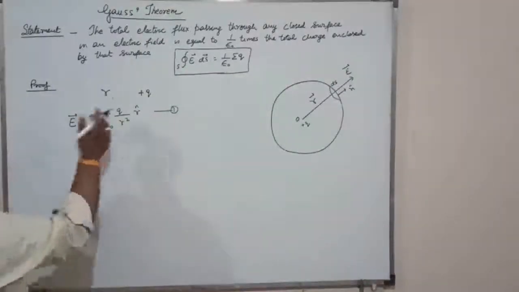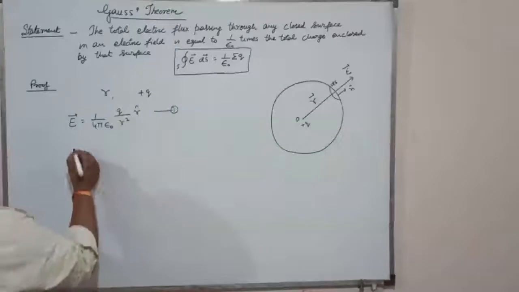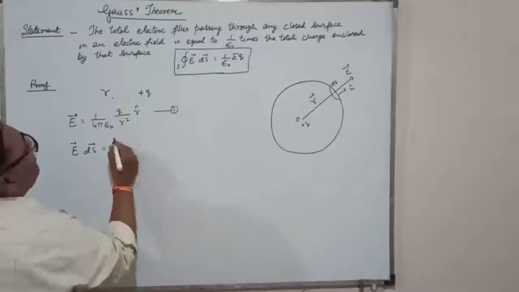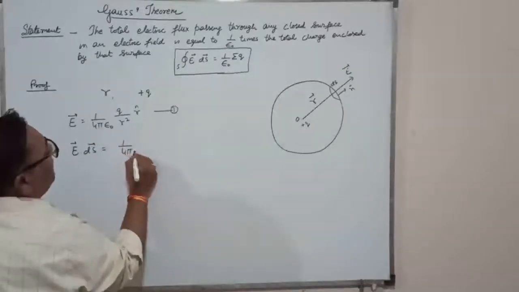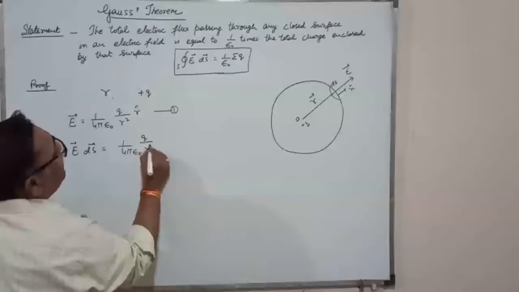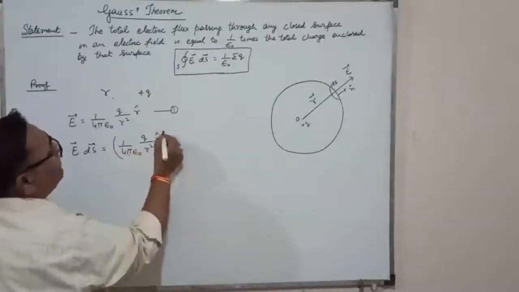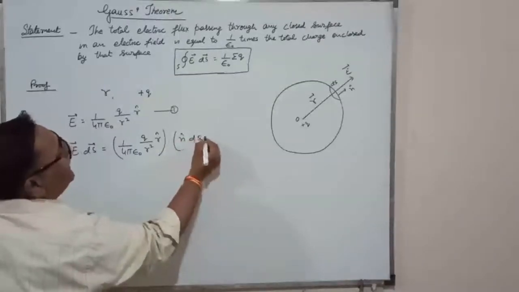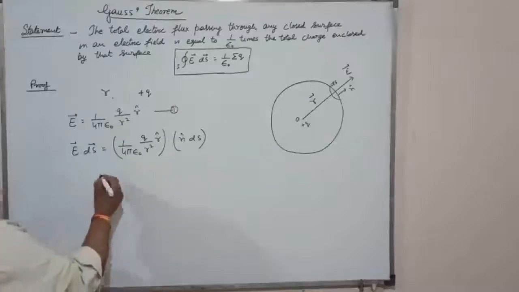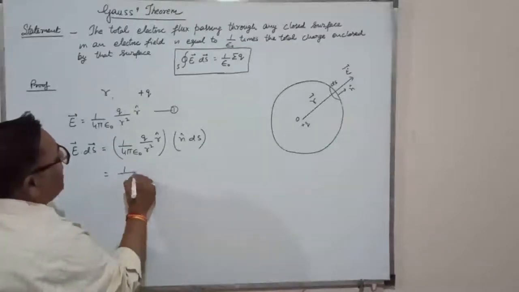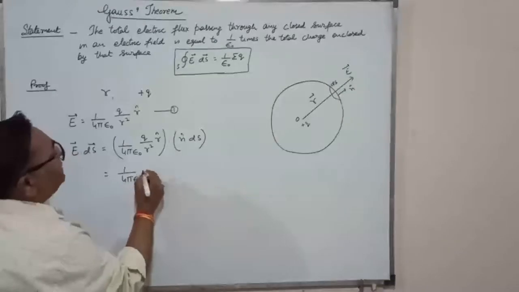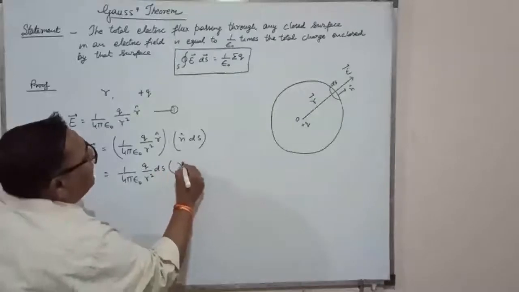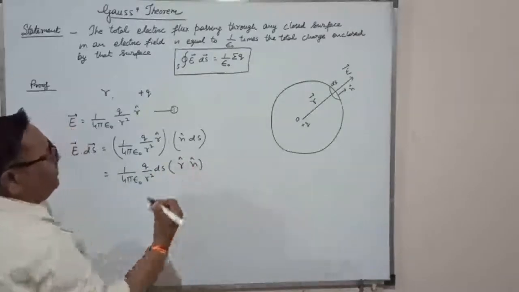Then from the LHS of Gauss theorem, E dot ds is equal to 1 upon 4 pi epsilon 0 q upon r square r cap dot n cap ds. Clear? Or this can be written as 1 upon 4 pi epsilon 0 q upon r square ds r dot n cap.